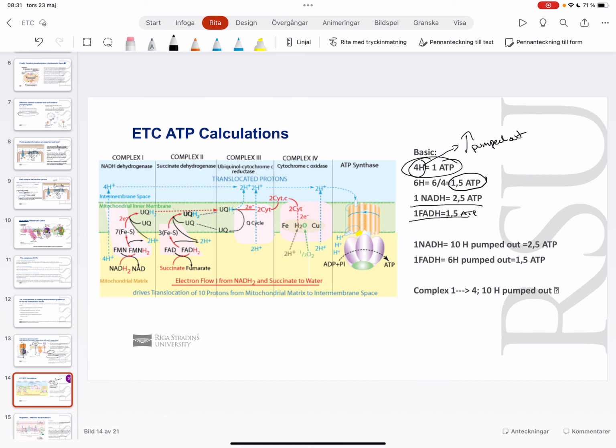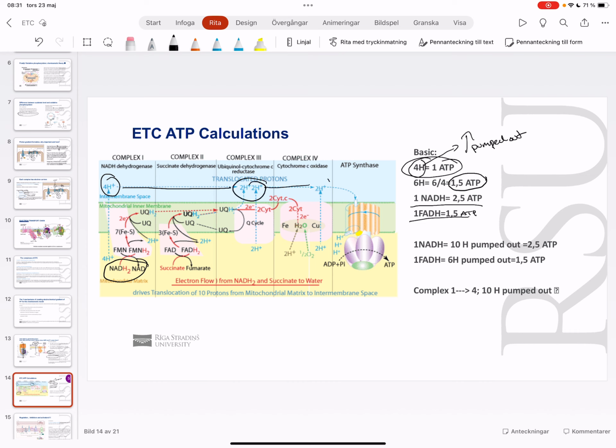Okay, so if we start, because I said that the electron transport chain can either start from complex number 1 or complex number 2. If the electron transport chain starts from complex number 1, it will be due to NADH donating its electrons. And if it does that, then 4 hydrogens will be pumped out. Then, in complex number 3, another 4 will be pumped out.